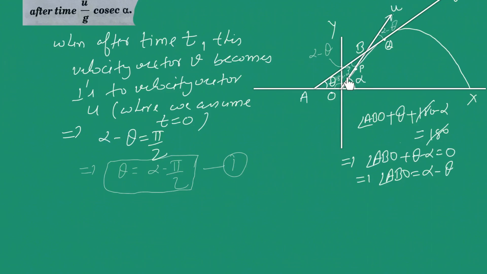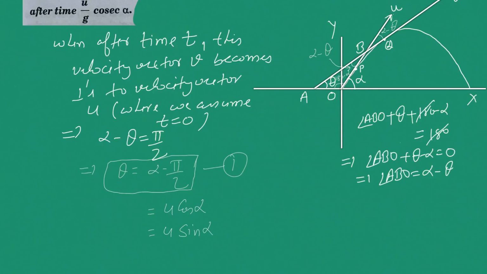So if I resolve the components at that particular point P, it will have two components. One will be u cos alpha and another will be u sin alpha.